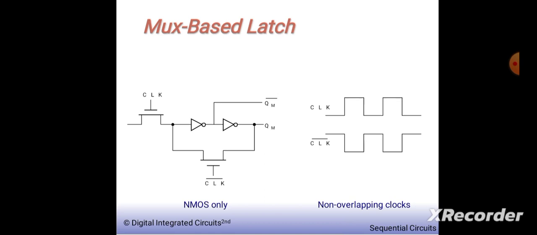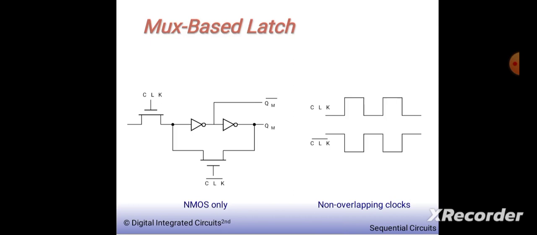Another example is the mux based latch which has only NMOS here. Here also the NMOS gates are controlled by the clock signal, and in addition you will have two inverters.